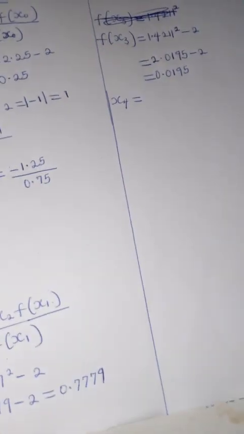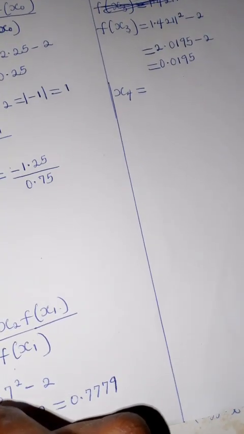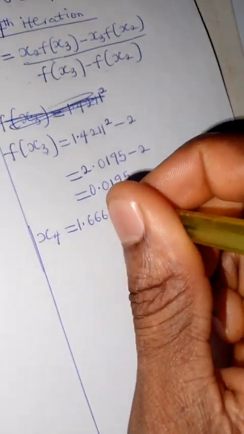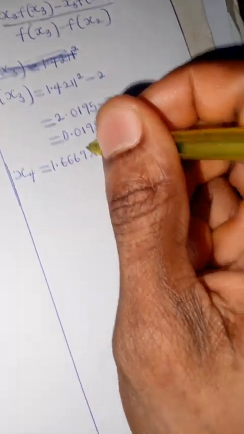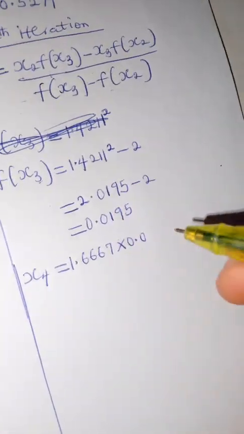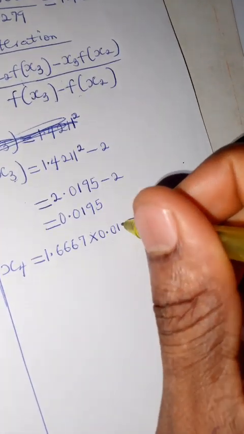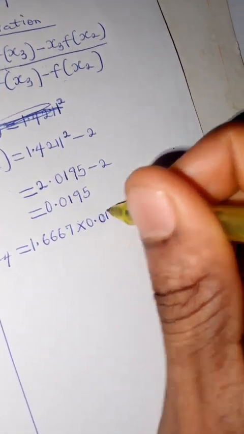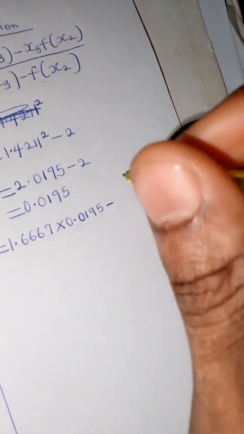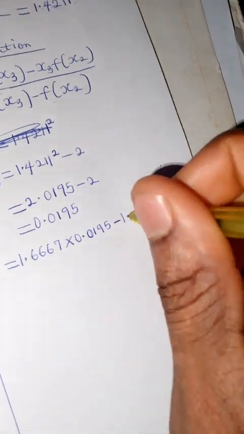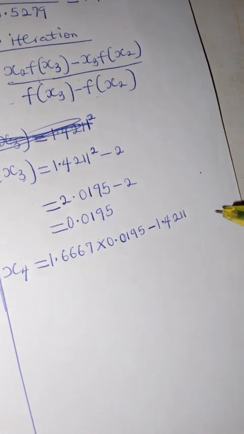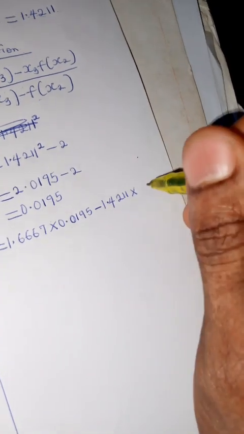Where we are coming from, you can see our x2 is what? 1.667 times f of x3, which is what? 0.0195, times minus x3, which is 1.4211, times f of x2.